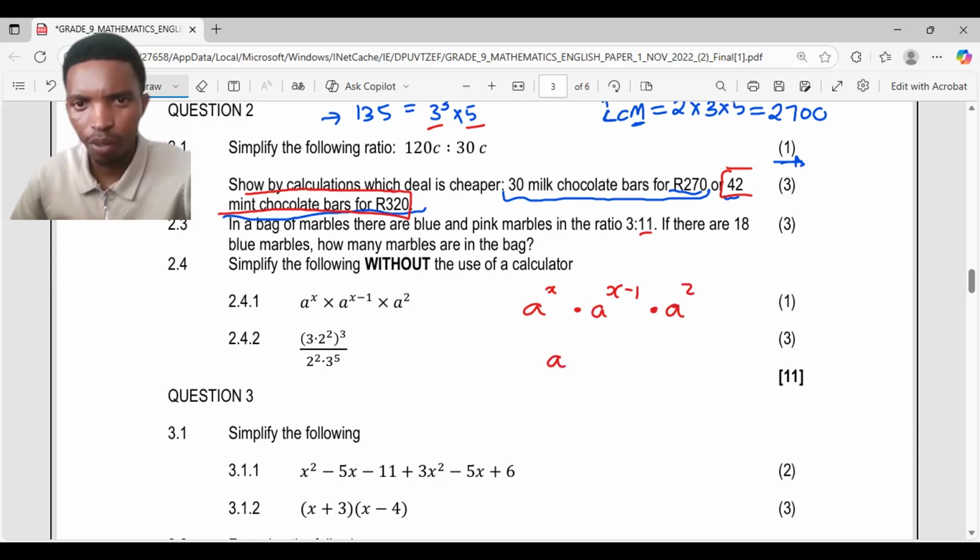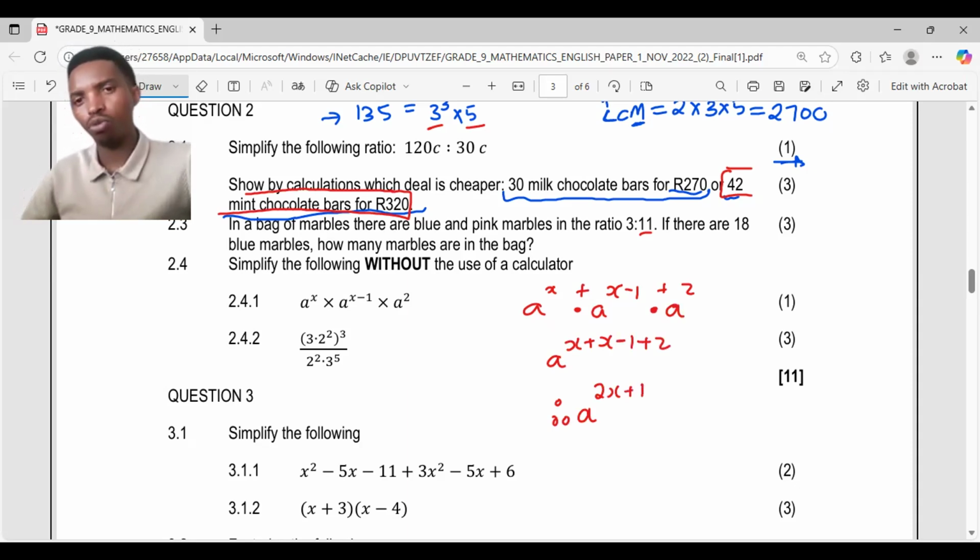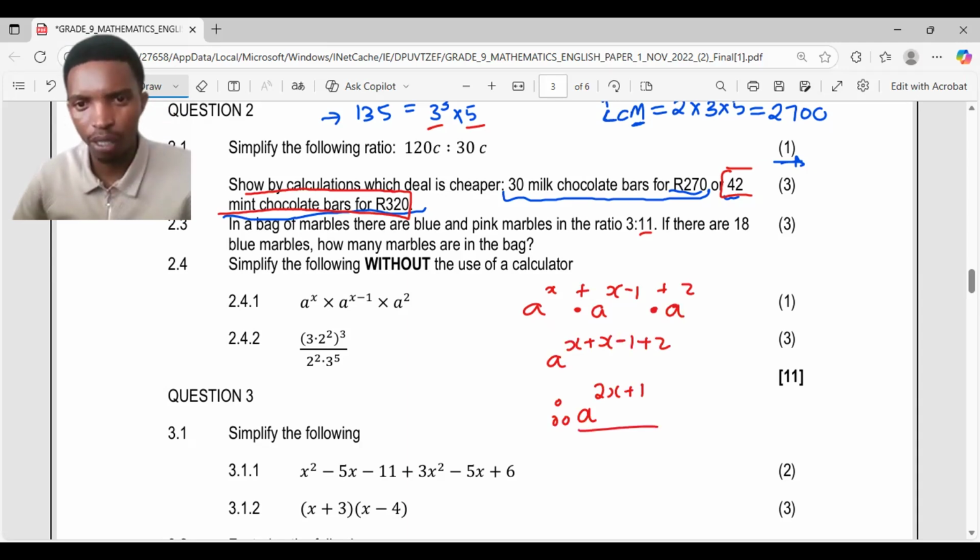We add them. So we're going to have x plus x minus 1 plus 2. We're just adding all of them because they are multiplying the same base. So finally, our answer is a exponent of 2x plus 1. Remember, negative 1 plus 2 is plus 1. So that is our answer for the first question.